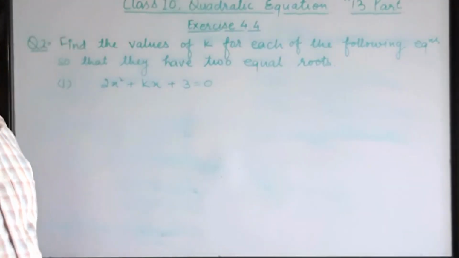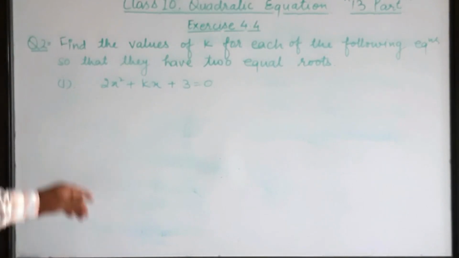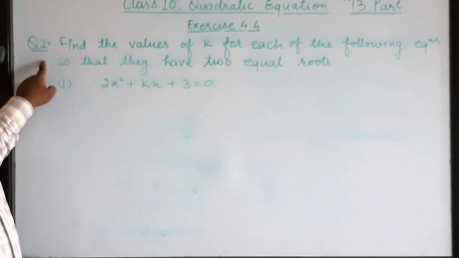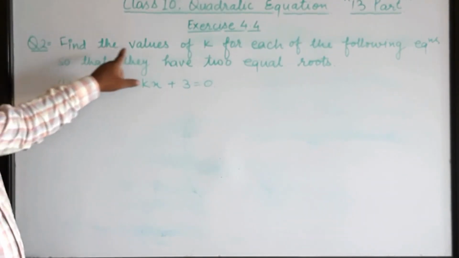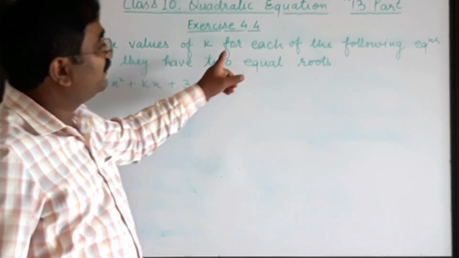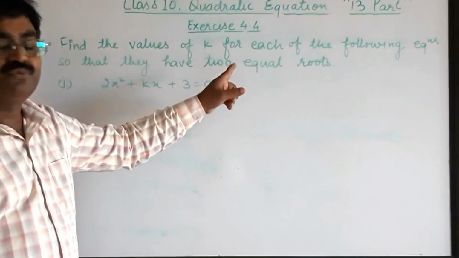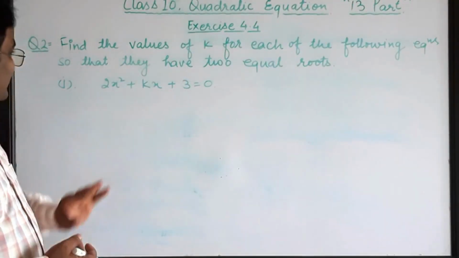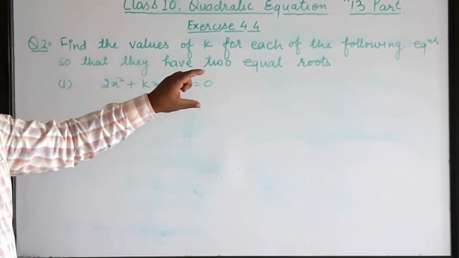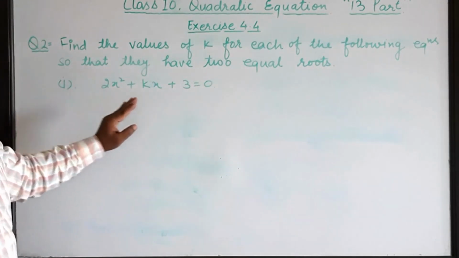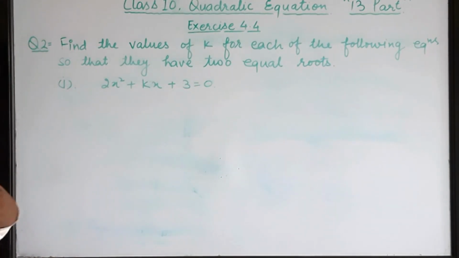Okay, dear students, now let us see the solution of the second question. The second question is given: find the values of k for each of the following equations so that they have two equal roots. As in this question, there are two parts given, one part I am going to explain to you, the second part you have to solve. Right?